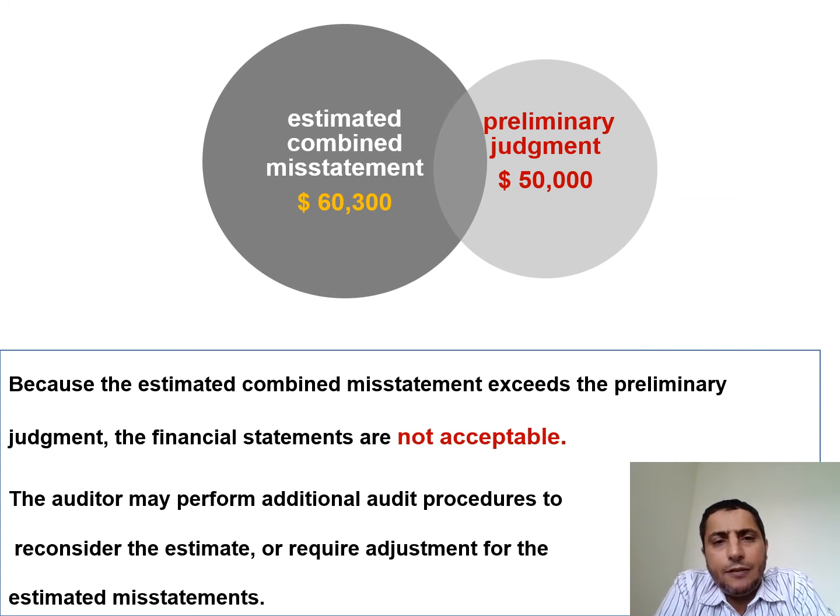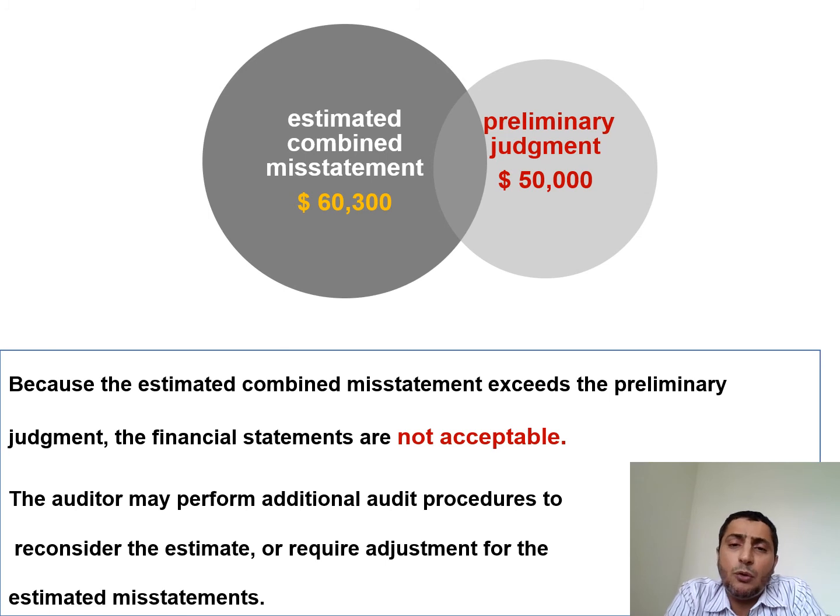In step 5, in comparing the estimated combined misstatement, or the total tolerable misstatement, which is 60,300, with the preliminary judgment of 50,000, we can see that the estimated combined misstatement is greater and exceeds the preliminary judgment threshold, which drives us to the conclusion that the financial statements are not acceptable and are not free from material misstatement.